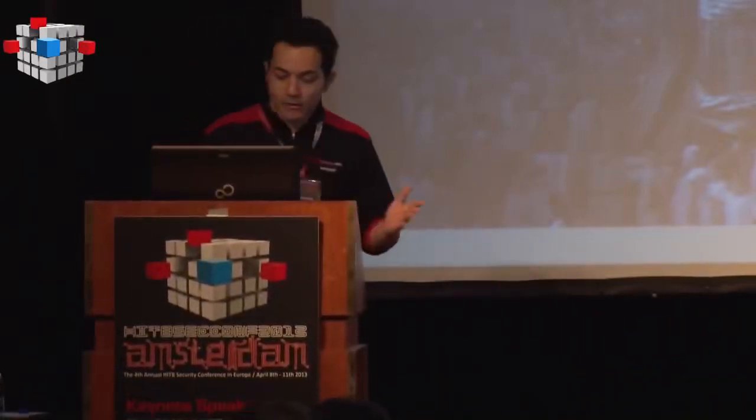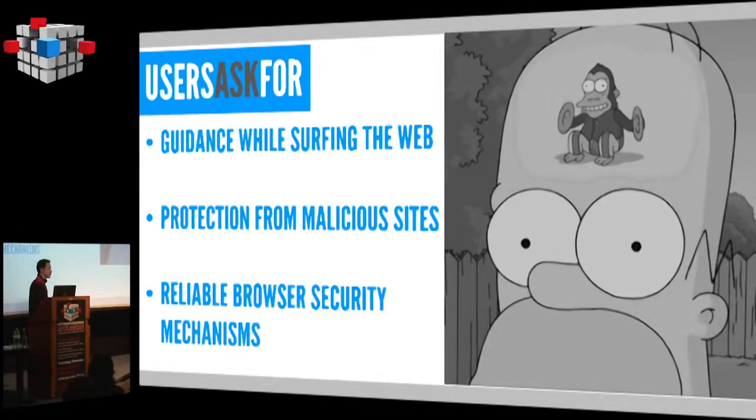So when talking about user security, it's quite obvious that you cannot rely on user consciousness or user awareness, because the average user is completely unaware of what he's doing while surfing the internet. Users need guidance, they need protection while surfing the internet. And we can deliver these things by providing trusted and reliable security mechanisms.